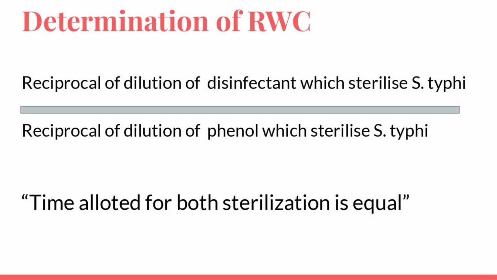That is, after doing the test, we have found that 1/450 dilution of disinfectant can sterilize Salmonella typhi within the allotted time, and 1/90 dilution of phenol can disinfect the Salmonella typhi in the allotted time.